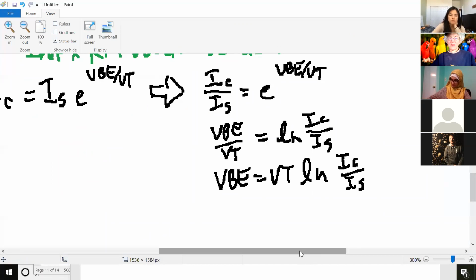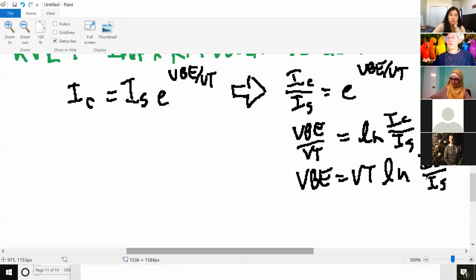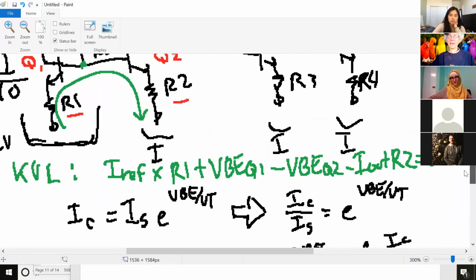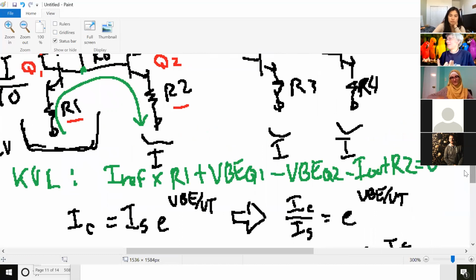Now it's hard to justify why you have to use this instead of VBE on, but the explanation that kind of satisfies me is that for a different value of R1, it messes with your emitter voltage. And remember, this is super sensitive to a change in VBE. Just a small change there changes the current a lot.